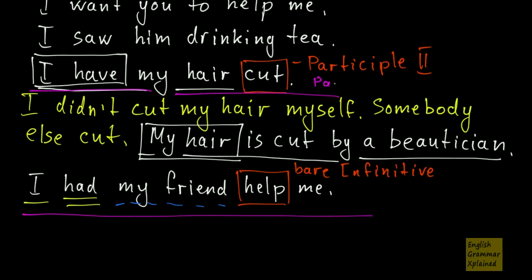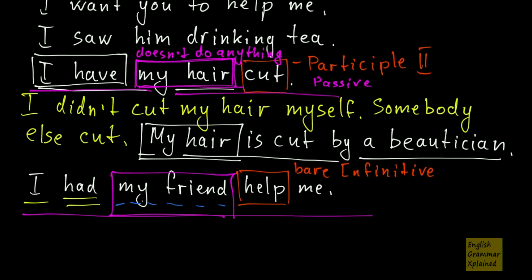Here we have a passive structure because my hair, my first object here, is passive. It doesn't do anything. But in my second sentence in here, my object is active. My friend actually performs some action, helps me.